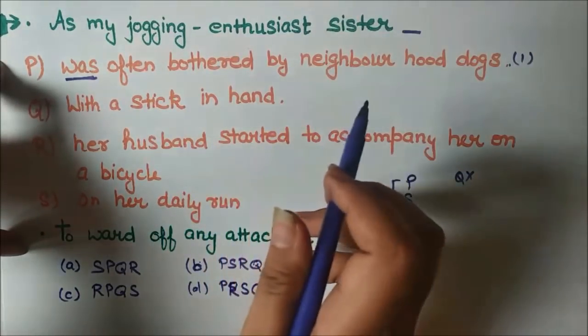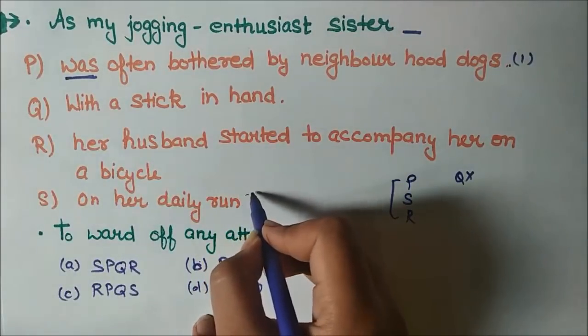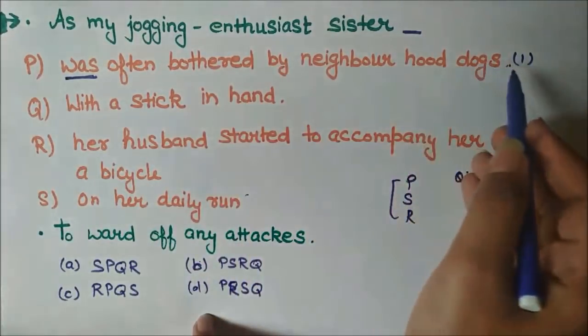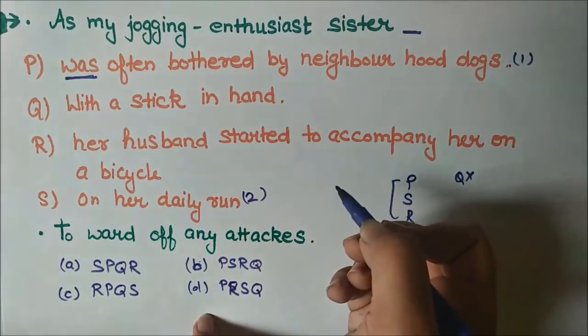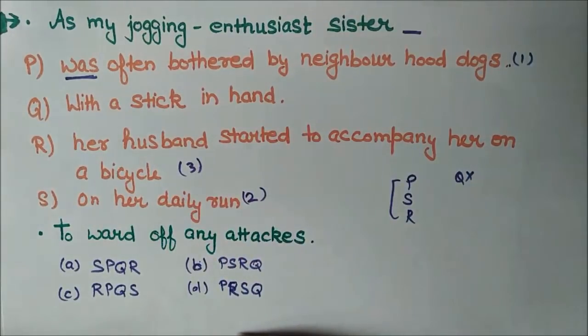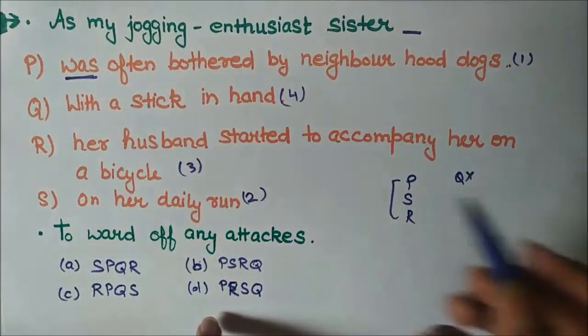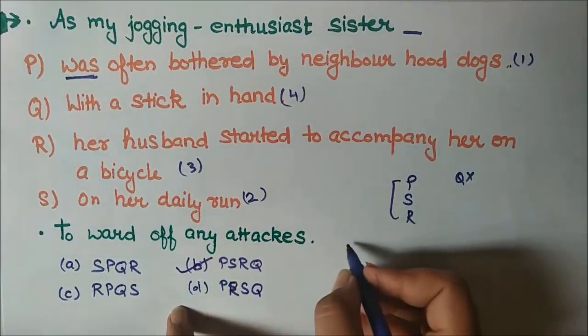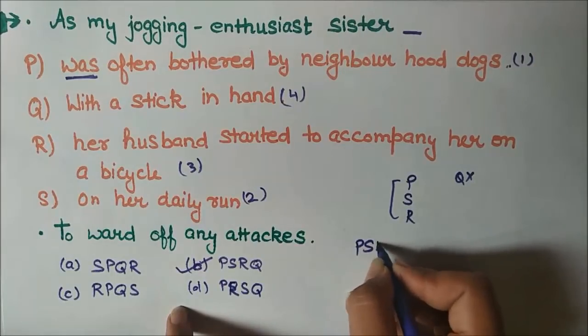"As my jogging enthusiast sister was often bothered by neighborhood dogs on her daily run, her husband started to accompany her on a bicycle with a stick in hand." Yes, I think this is the correct one. So option number B, that is PSRQ, will be the answer.